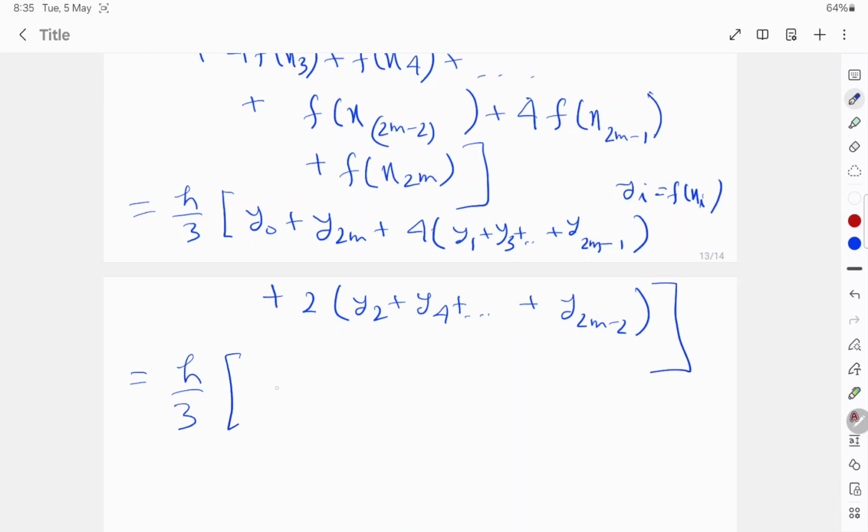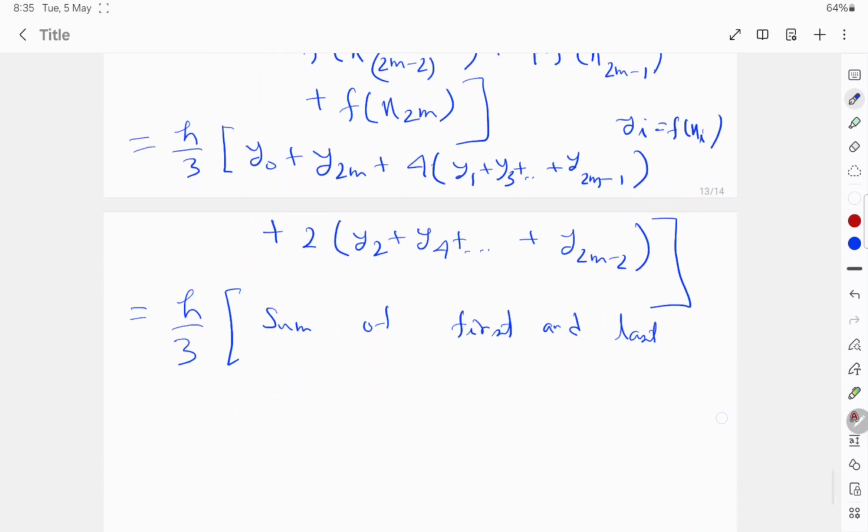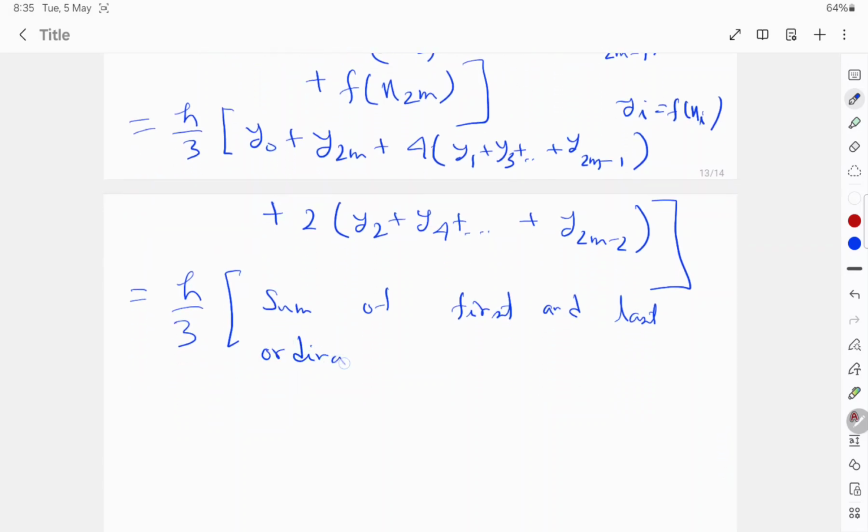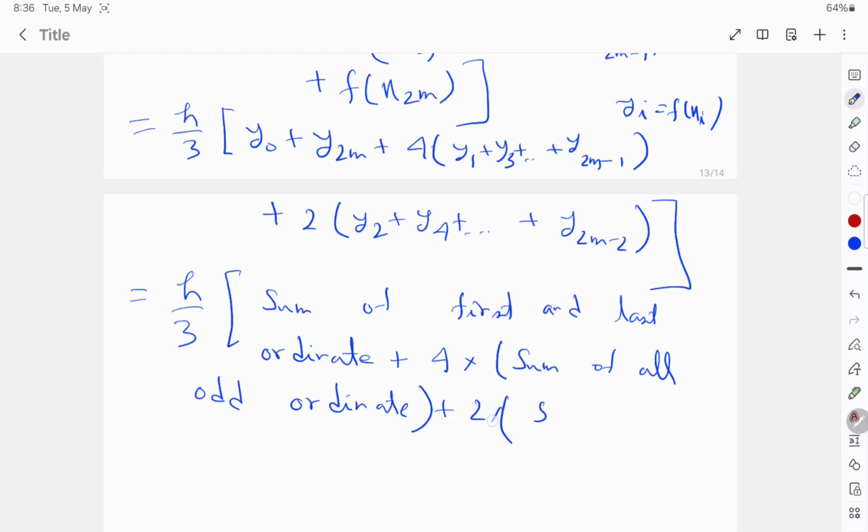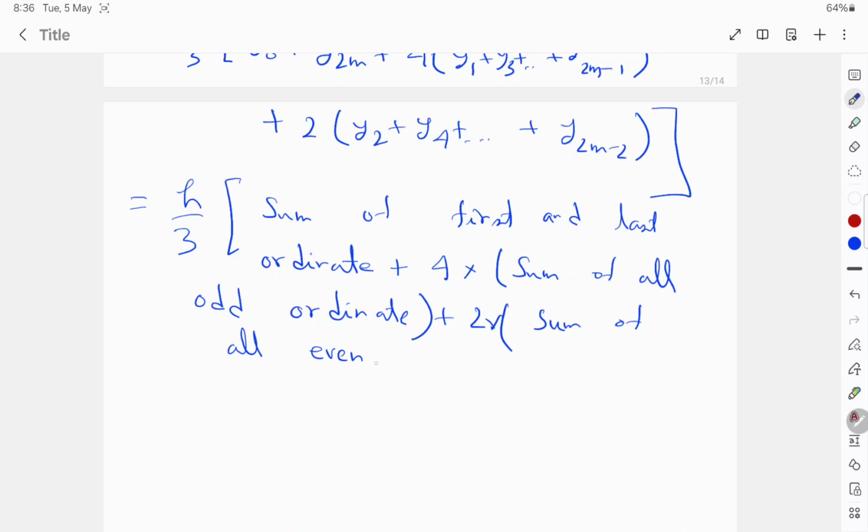So you can write this as h by 3 times the sum of the first and last ordinate, plus 4 times the sum of all odd ordinates, plus 2 times the sum of all even ordinates except the boundary.